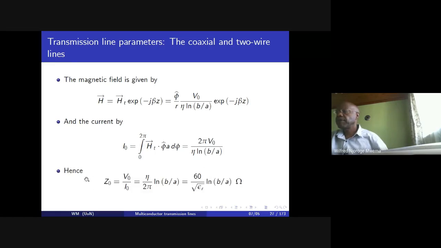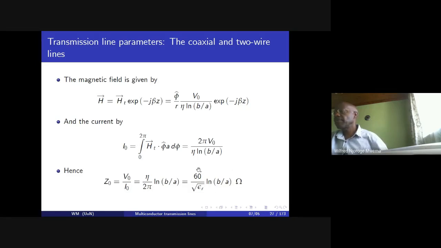And therefore, we can get that the characteristic impedance, which is V naught by I naught, is just given by eta by 2 pi natural log of B by A, which is just 60 over root epsilon r natural log of B by A, and this will be given in ohms.